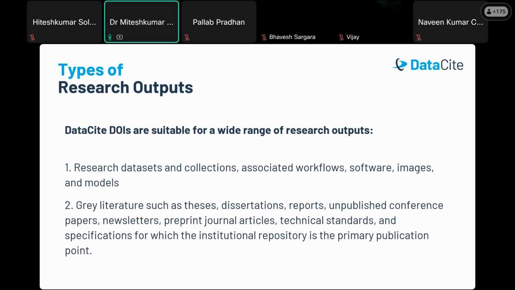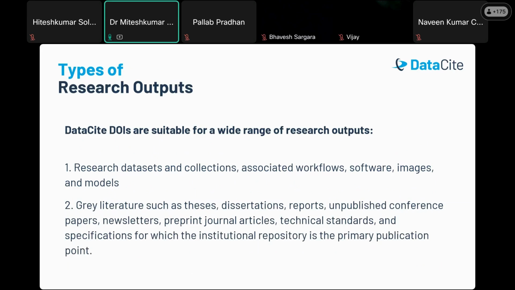Now, what types of research outputs does it index? DataCite DOIs are suitable for a wide range of research outputs: research datasets, collections, associated workflows, software, images, models, dissertations, reports, unpublished conference papers, newsletters, preprints, technical standards, all kinds of research output.